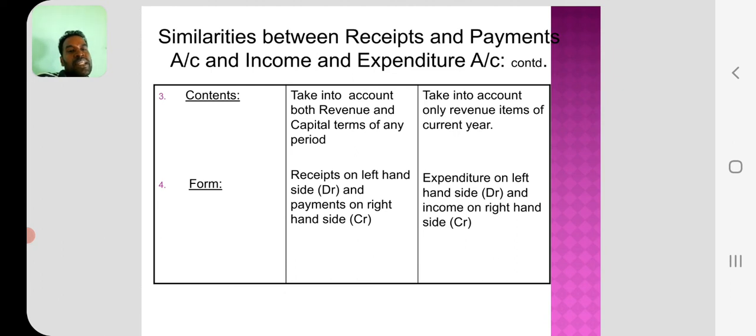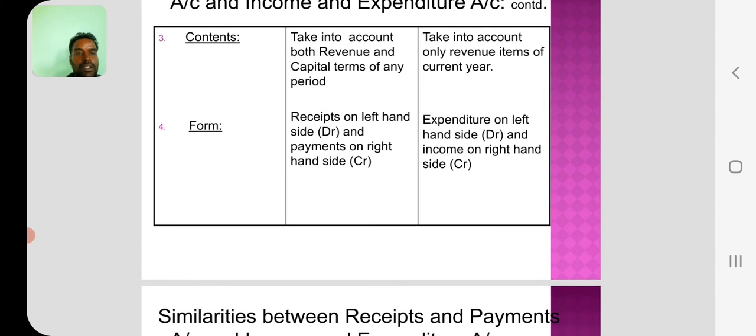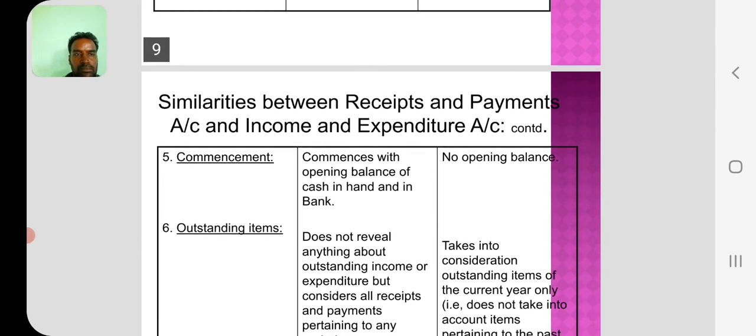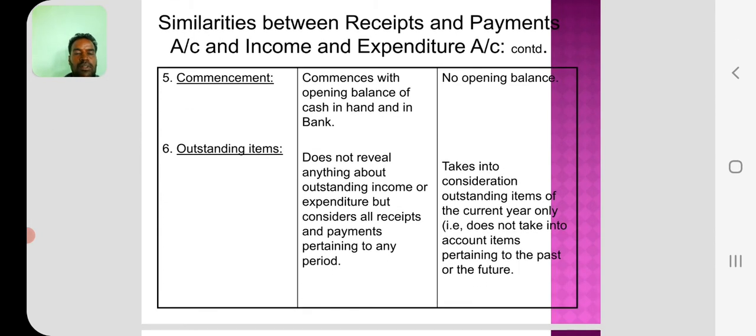Form: receipts on the left hand side, debit, and payments on the credit side, right side. Next, income and expenditure: expenditure on the left hand side, debit, and income on the right hand side, credit. Next, commencement. Commencement means starting.